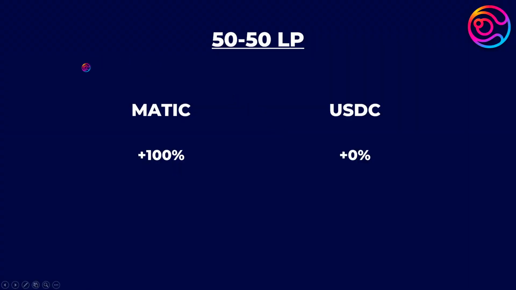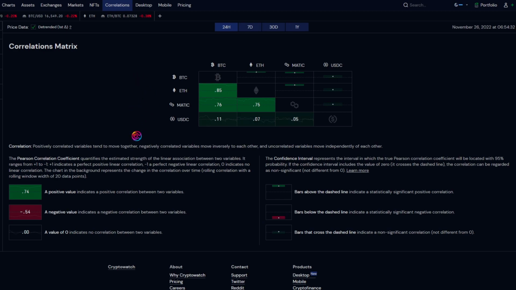First, consider if the LP contained largely uncorrelated assets like Matic and USDC split 50-50. If Matic changes by 100% and USDC stays the same value as a stablecoin, the resulting impermanent loss would be 5.72%. Now consider an LP of correlated assets.